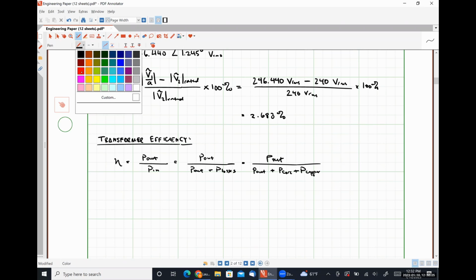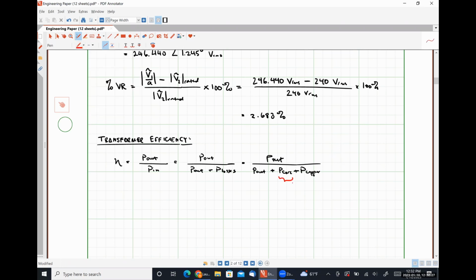Our core losses are what we get as a result of our open circuit test, so that part is just POC. Our copper losses are what we get as the result from our short circuit test. That's literally what our watt meter is measuring.